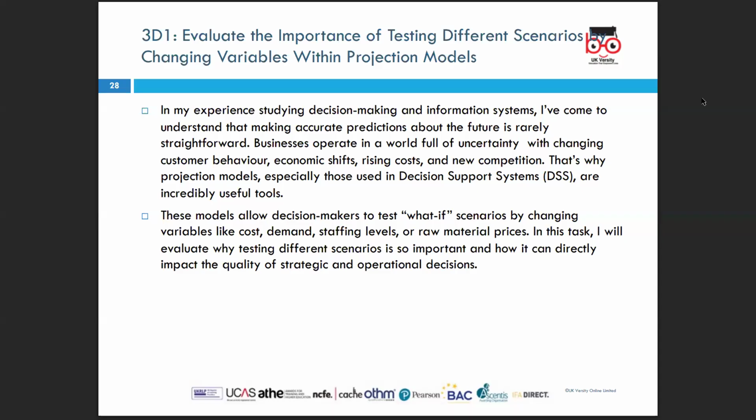These models allow decision makers to test what-if scenarios by changing variables like cost, demand, staffing levels, or raw material prices. In this task, we're going to evaluate why testing different scenarios is so important and how it can directly impact the quality of strategic and operational decisions.